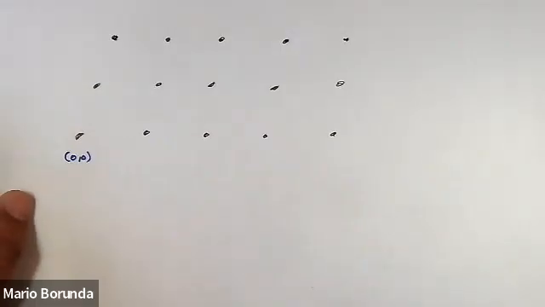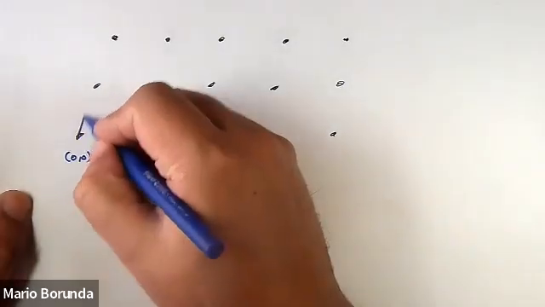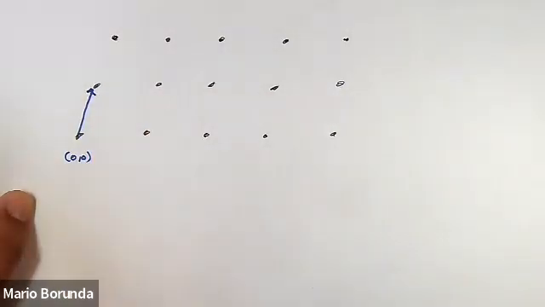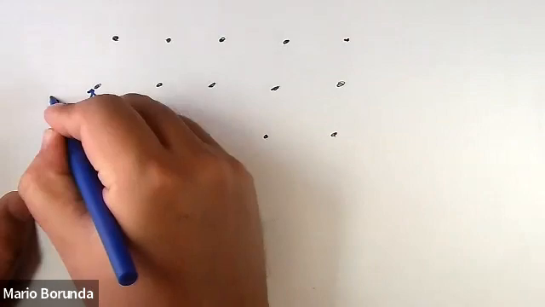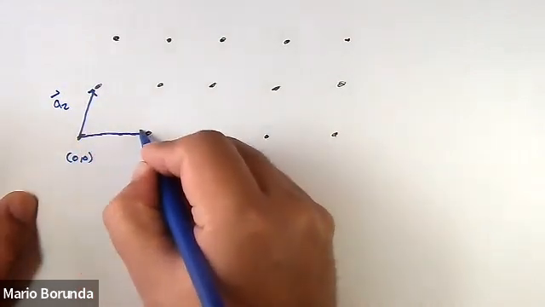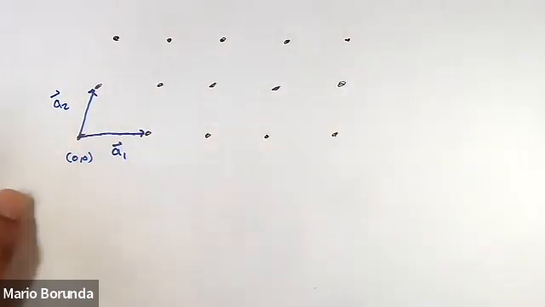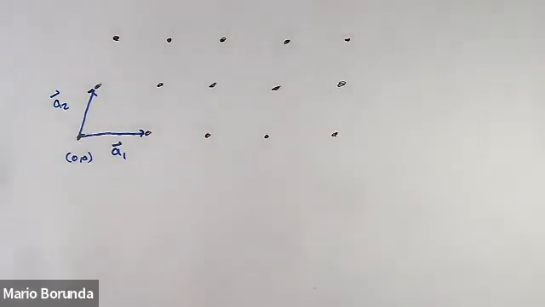I'm designating that one as my 0, 0 point. I'm going to say that this one is A2, and this one is A1. And it's supposed to be tiling periodically what we have here. Questions at this point? About this lattice? All right, so now what I need to do is define a new thing.